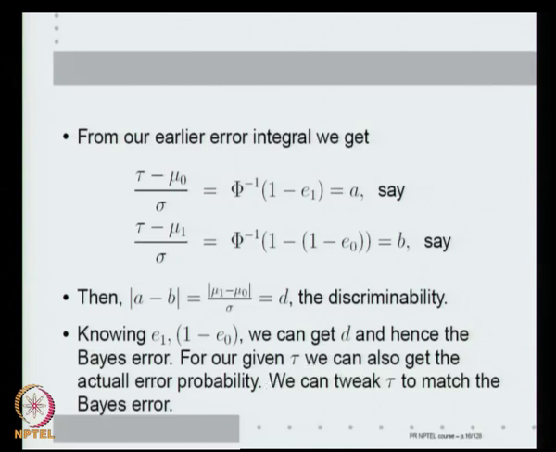If it is not, I can keep changing tau till I achieve the Bayes error rate. No matter what tau I chose, to the extent I can estimate A and B correctly, I can estimate discriminability correctly and hence estimate the Bayes error rate correctly. Once I know the Bayes error rate, I can keep tweaking tau till I achieve it. This is one way I can use ROC in case the class conditional densities are Gaussian.